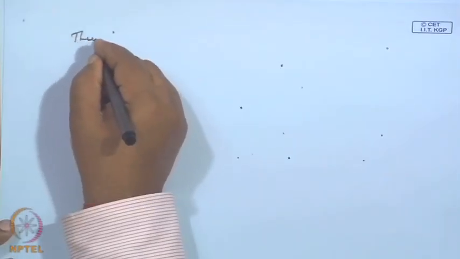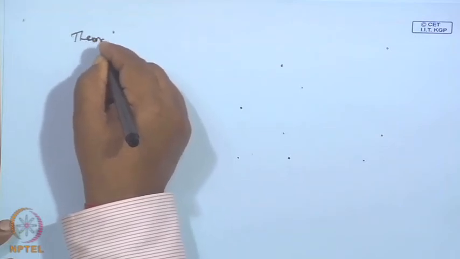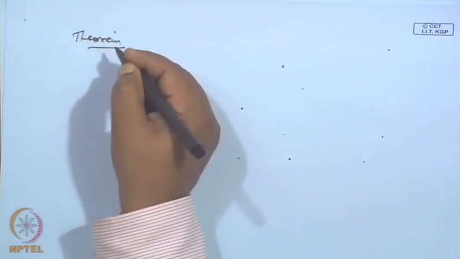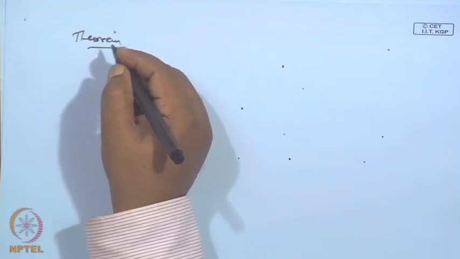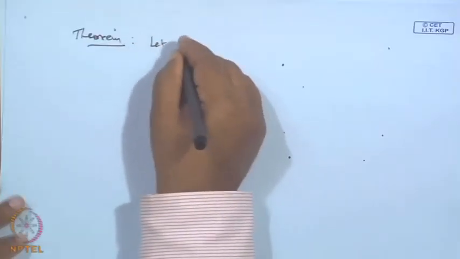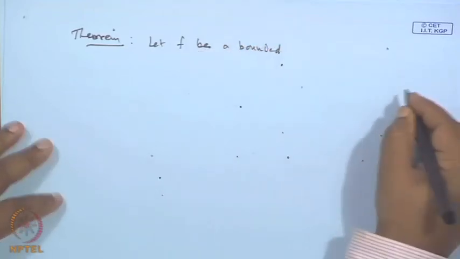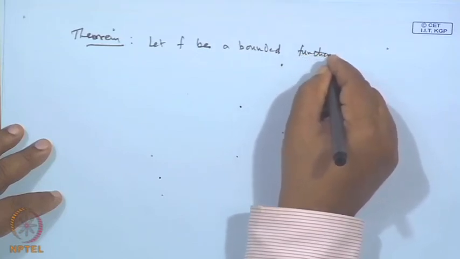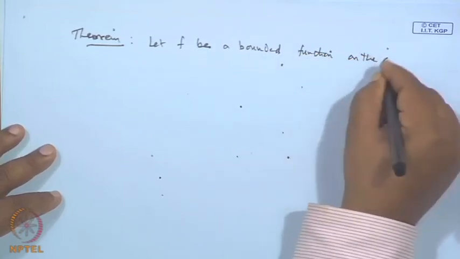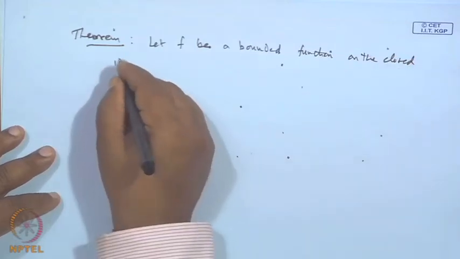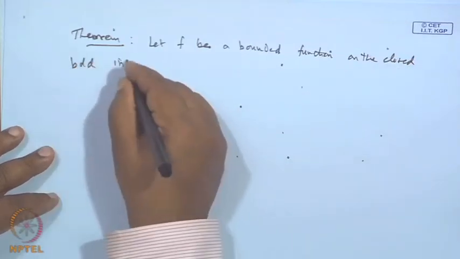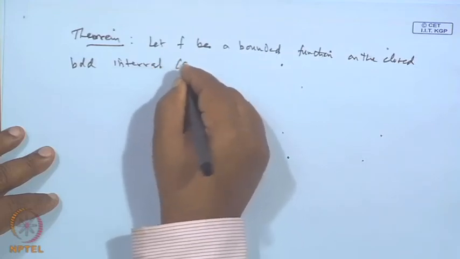Now, based on this we have a very important theorem, and we are of course neglecting the proof, because we have proved this earlier. The theorem says let f be a bounded function on the closed bounded interval a b.